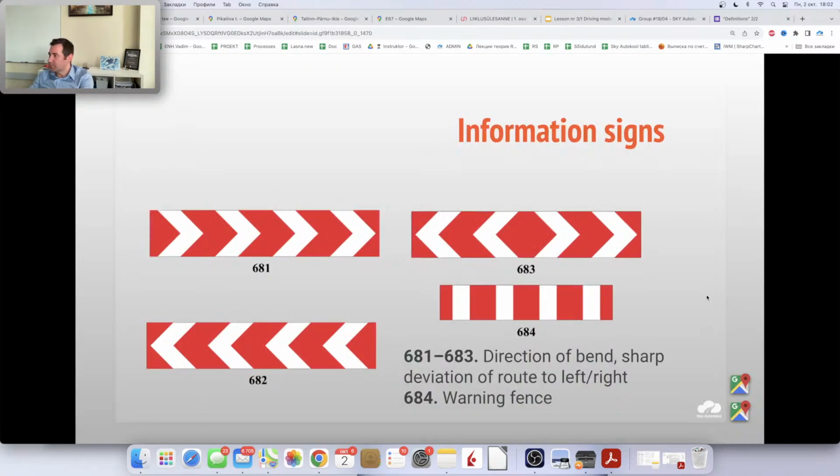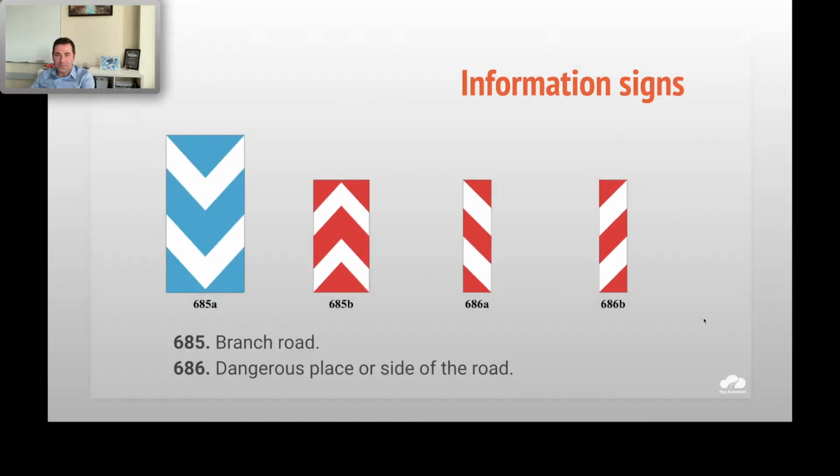Sometimes these roads also go downhill or uphill. There's also some warning for you. So if you see any of these signs, first of all you have to slow down and check carefully what's ahead and how to drive there.